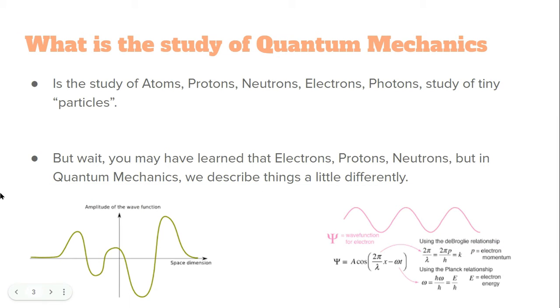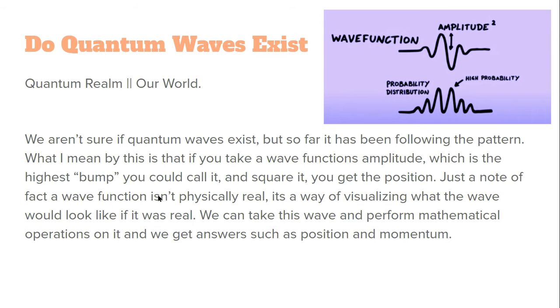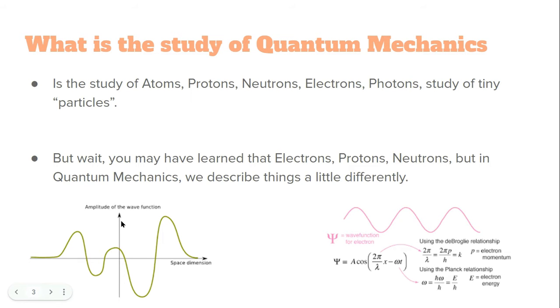But in quantum mechanics, we describe things a little bit differently. These electrons, protons, and neutrons can be described as both a particle and a wave. So you can say that this function right here can be described as a wave, or you can describe it as a particle.